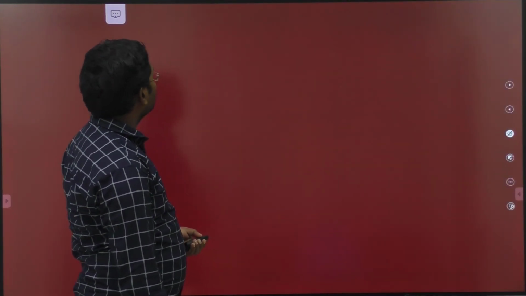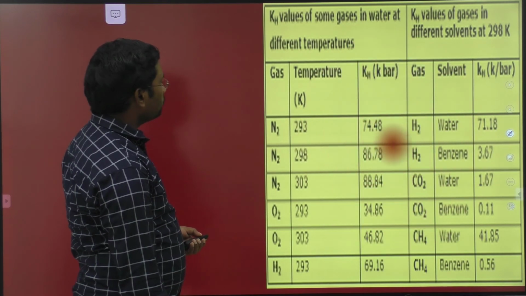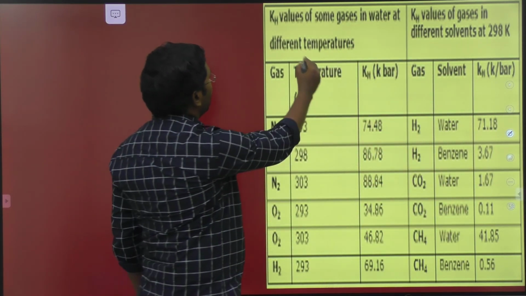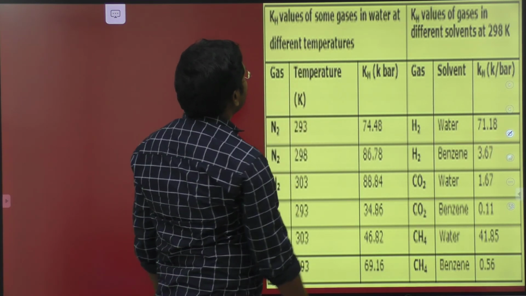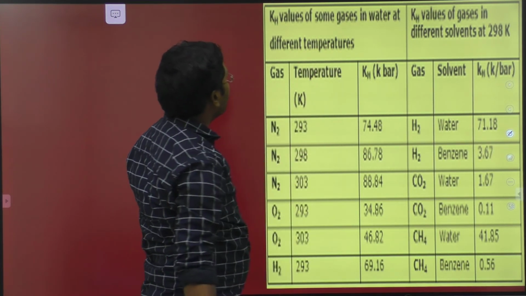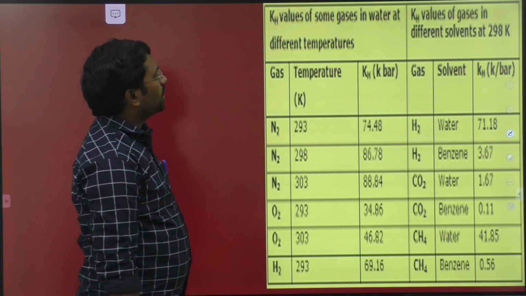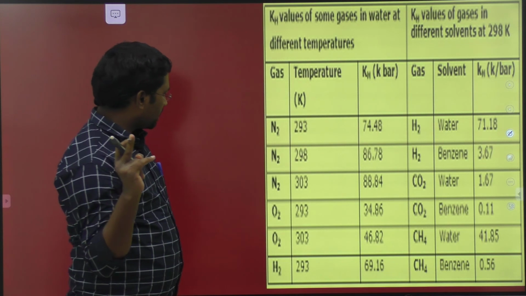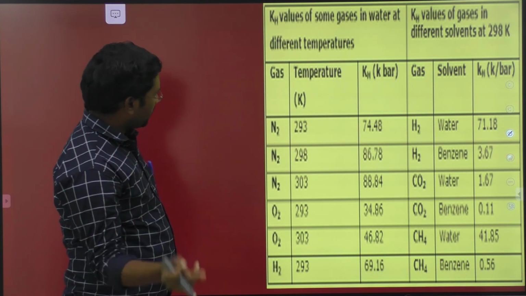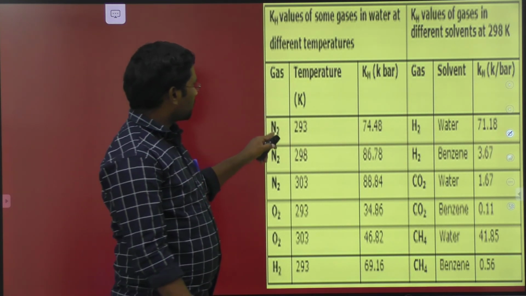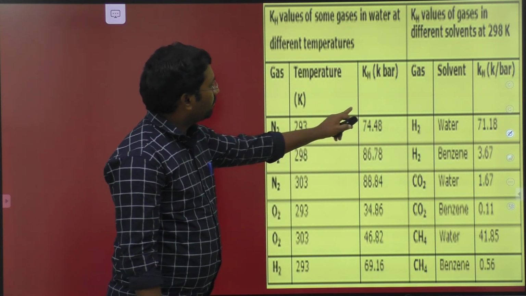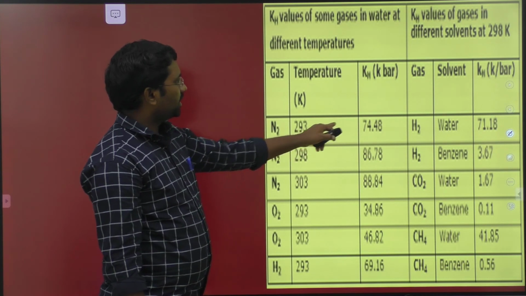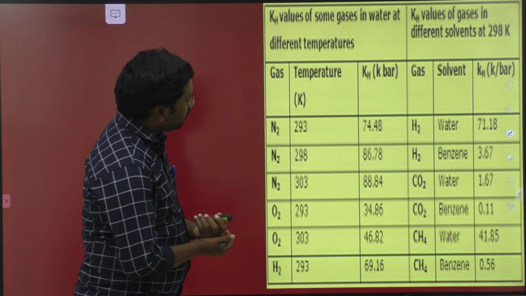So come to the next one. Here, look at the image. Here I have some different gases' KH, Henry's law constant values. KH values of some gases in water at different temperatures, and KH values of gases in different solvents at 298 K. Here, once again, different gases have different Henry's constants. For example, nitrogen gas at 293, its Henry's constant is equal to 74.48.